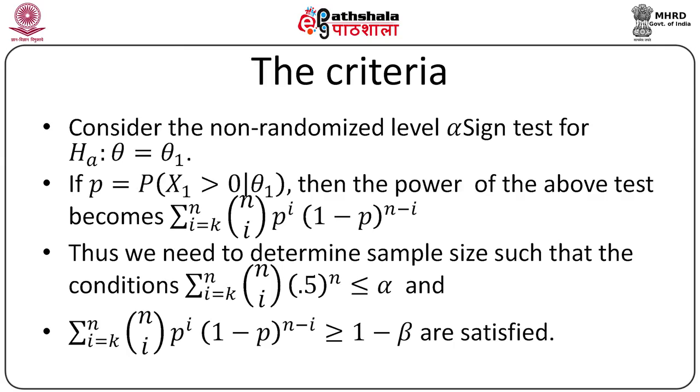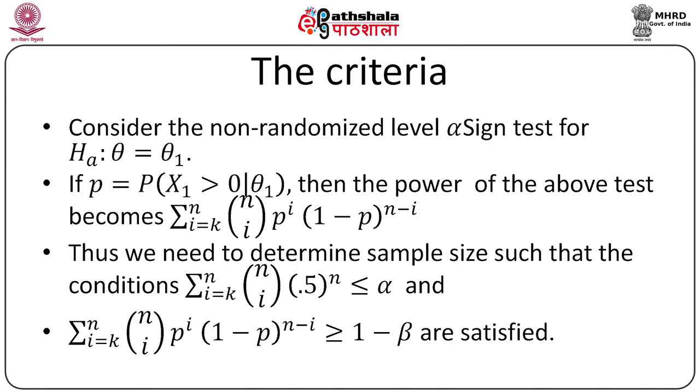Since S has a binomial distribution with parameters n and success probability 0.5, the above condition reduces to summation i from k to n, n choose i, 0.5 to the power n, less than or equal to alpha. Then, if we define p equal to probability X1 greater than 0 under theta 1, the power of the above test becomes summation i from k to n, n choose i, p to the power i, 1 minus p to the power n minus i.